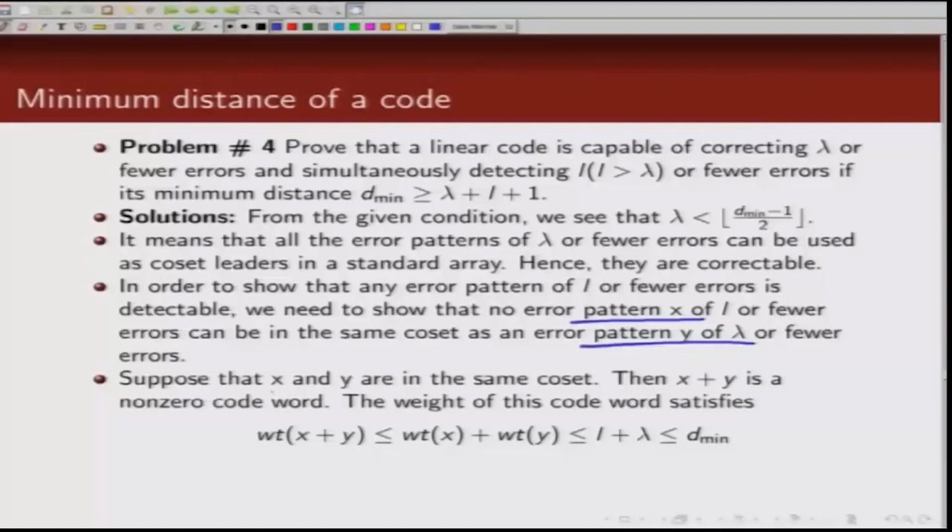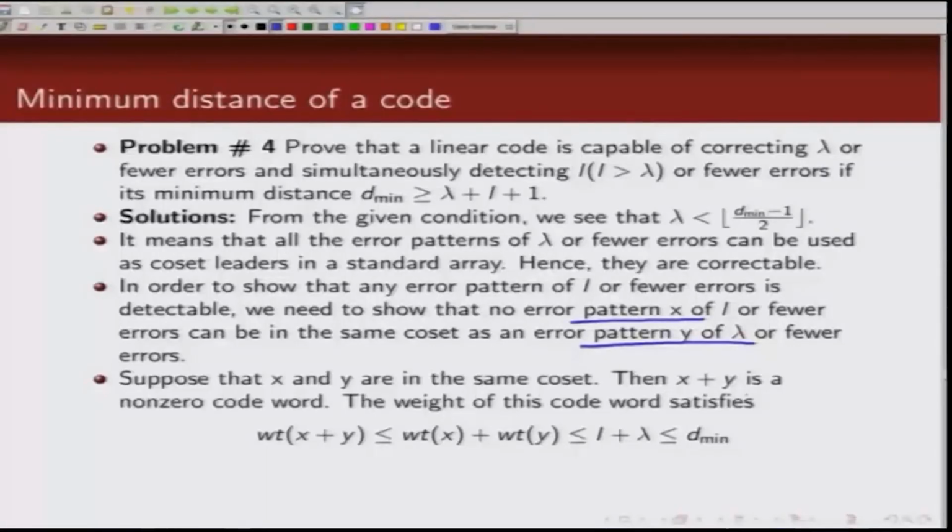So, we start our proof by saying these error pattern x of weight L or less and error pattern y of weight lambda or less, they are in the same coset. Now, if x and y are in the same coset, we know from our standard array that x plus y should be a non-zero code word.